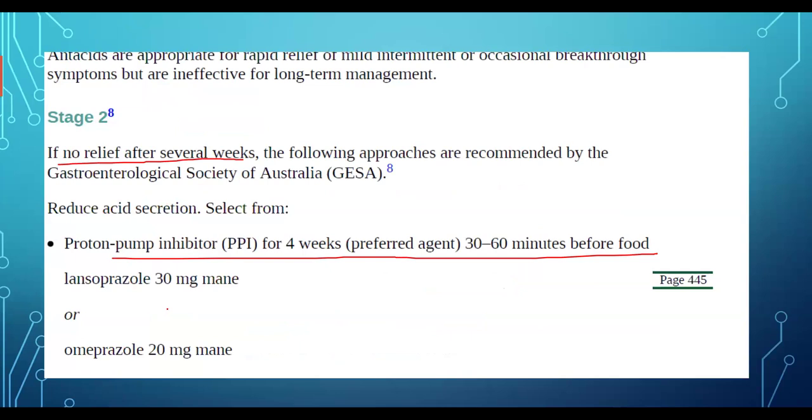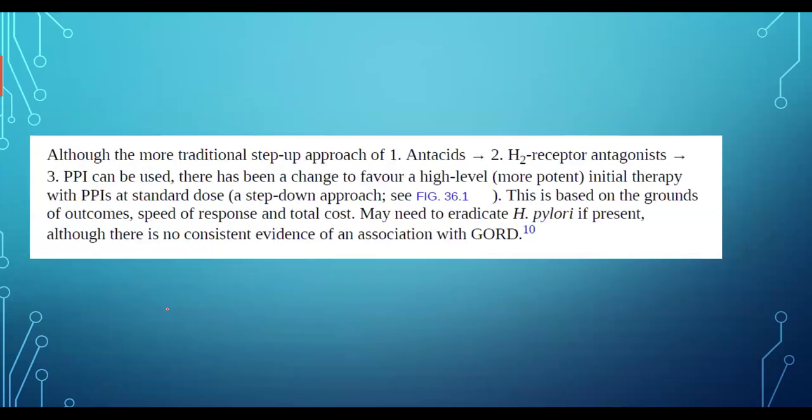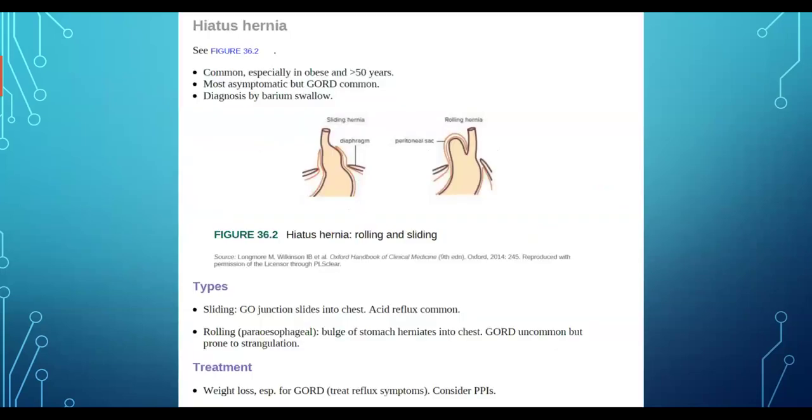You can use any of the common proton pump inhibitors for 4 weeks and see how it goes. There is no need to go from antacid, then H2 receptor blocker, and then PPI. It's no longer necessary to do this. We can go directly to PPI from the start.